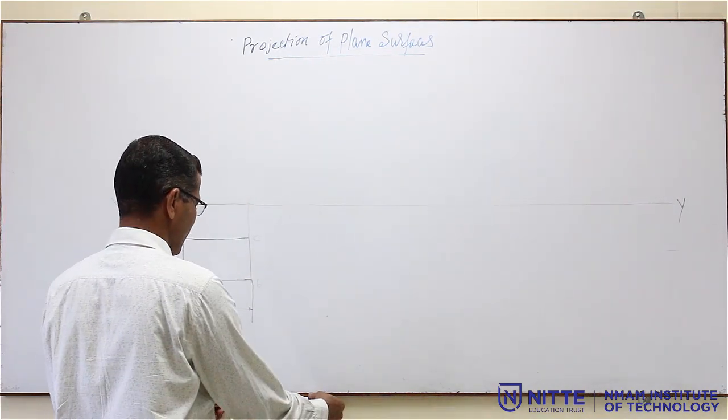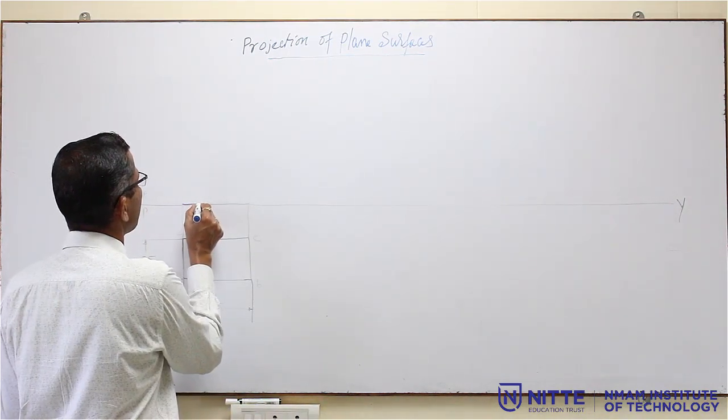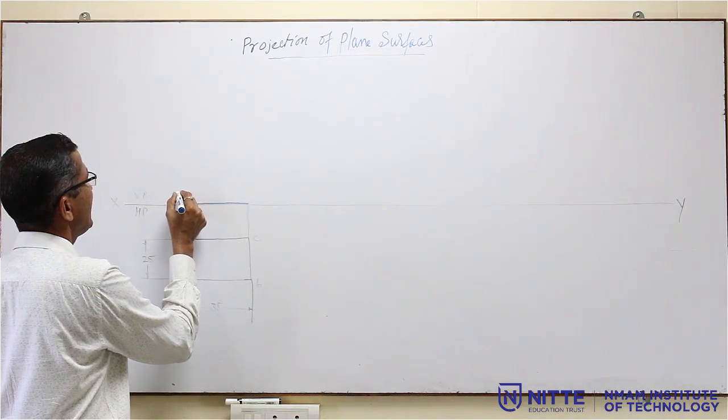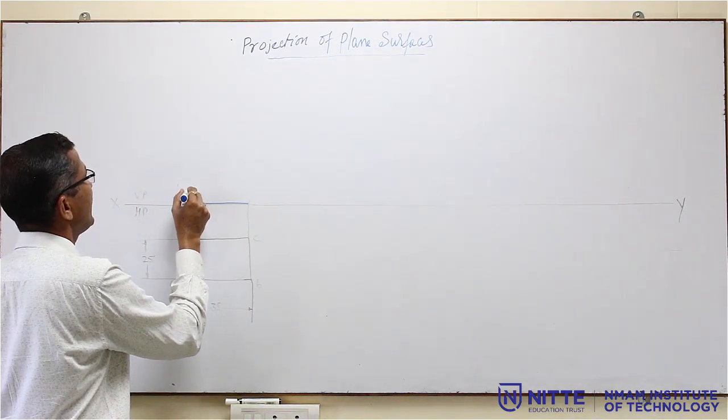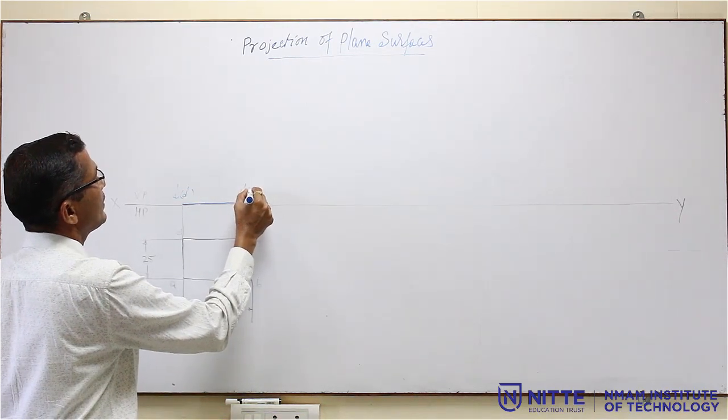Front view is a line, like this, and name of this is A dash, inside the bracket D dash, here this is B dash, inside the bracket C dash.